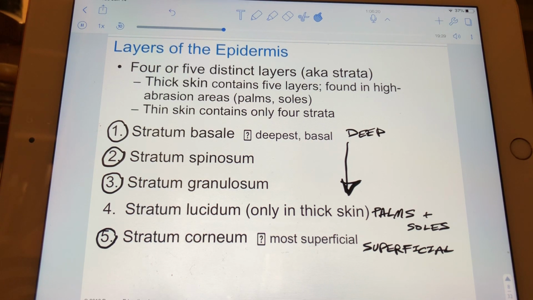These 5 strata are at least slightly different anatomically and therefore slightly different functionally. All right? We tend to refer to the skin on the palms and the soles as thick skin only because it has those 5 layers.